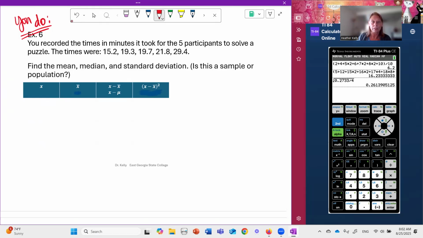I will write the formula for standard deviation here. I'm not sure why I couldn't keep all that.